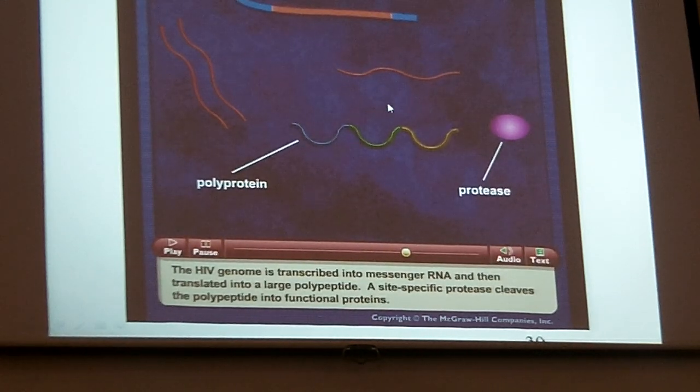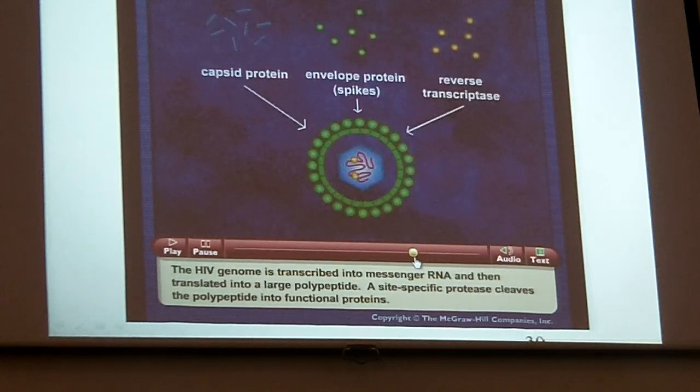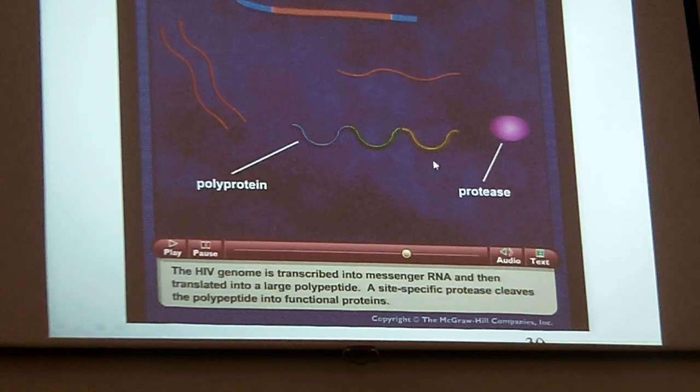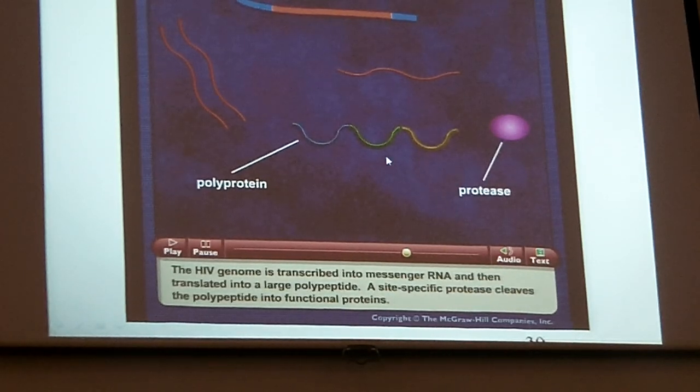It has to be cut there and there. And when it's cut there and there by a special enzyme called a protease, it becomes the 3 proteins, the yellow, green, and blue protein here, that are needed for the virus. So we've got to cut this long thing up for the virus to work.